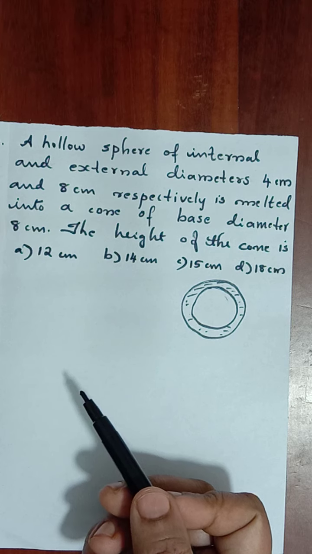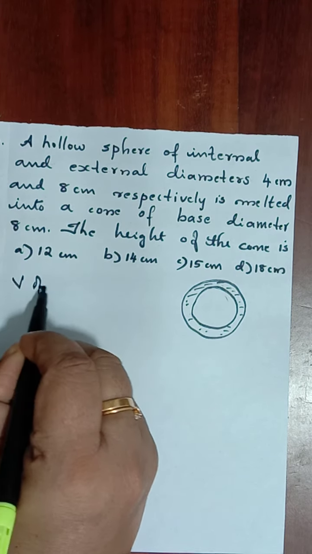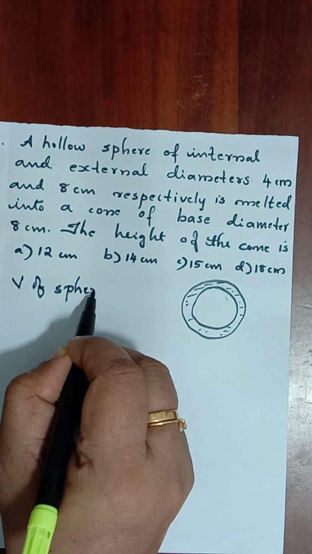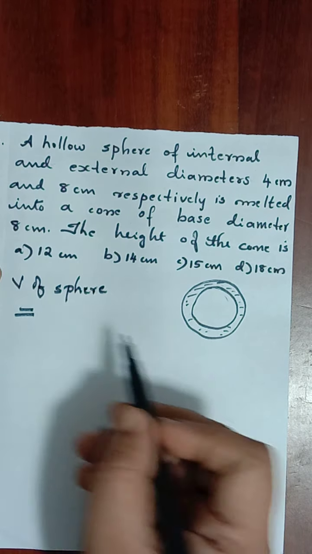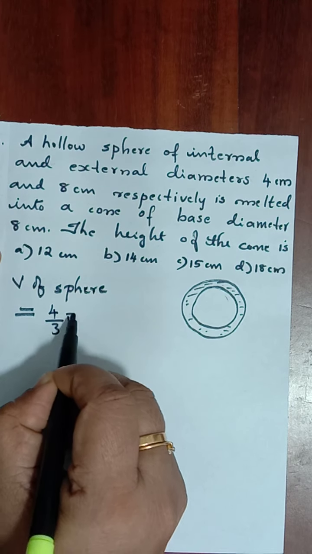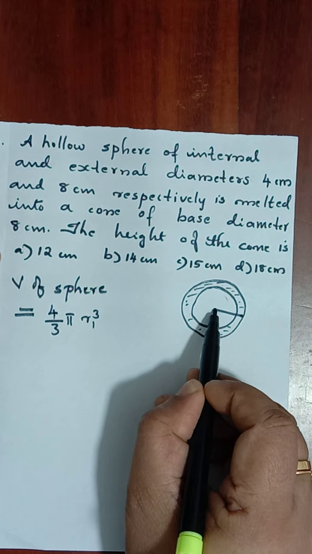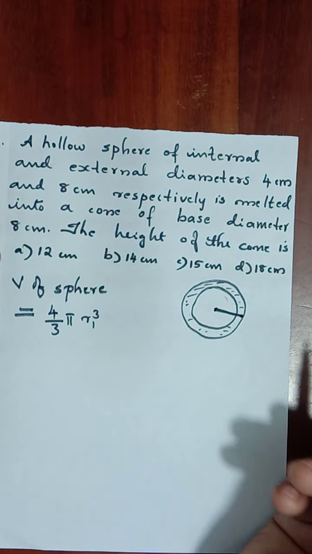So let us take it as R1 and R2. So volume of the hollow sphere is equal to 4 by 3 pi R1 cube. R1 is the outer radius, from the center to the outer point.